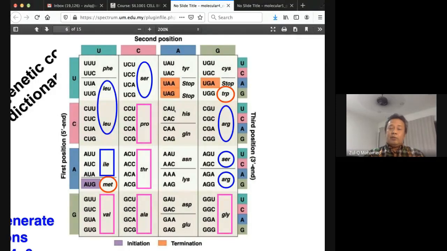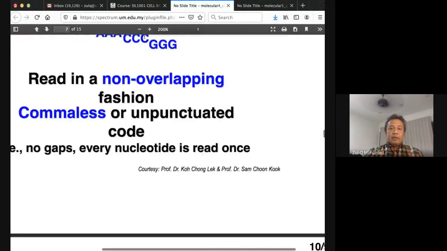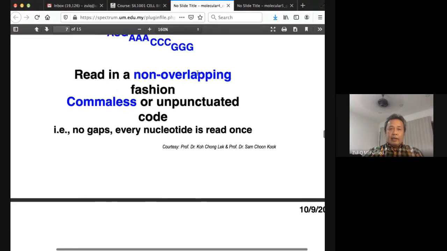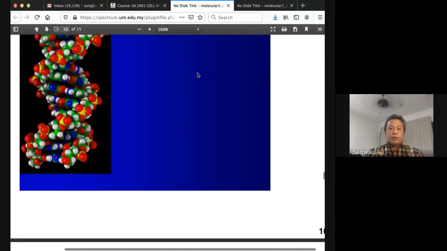CAU mutated to CAC still codes for histidine. But if CAU changes to CAA, then it changes the meaning. So it depends on the outcome. If it is the first change, U to C, it is a silent mutation, but if it's U to A, then it's a substitution. That's how you determine what type. I have other examples I will show you in a bit.